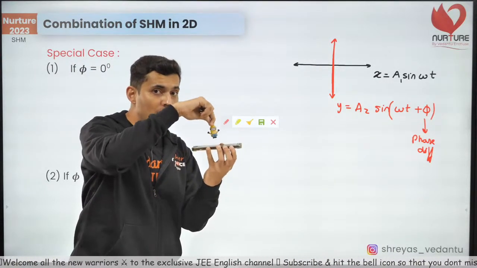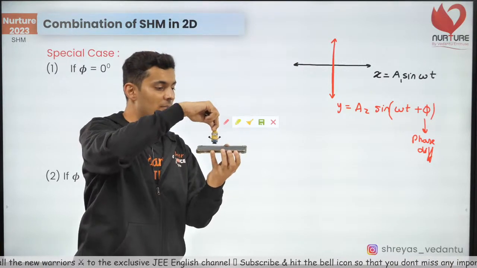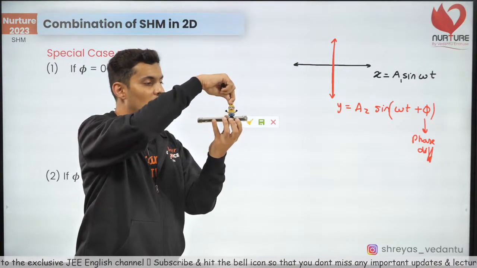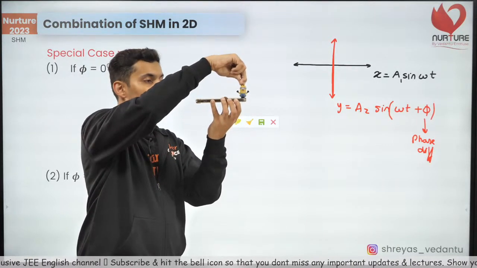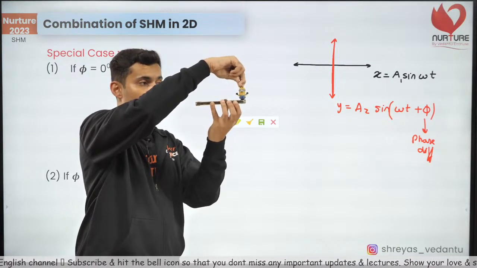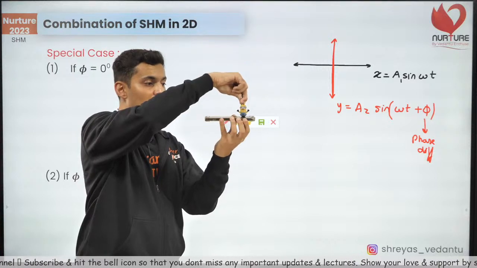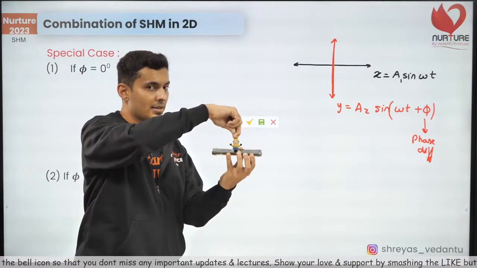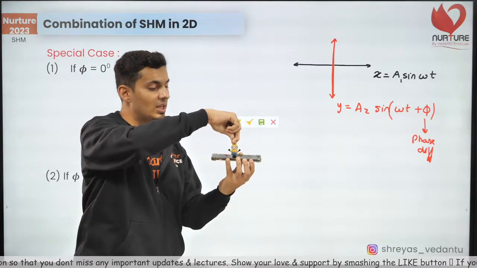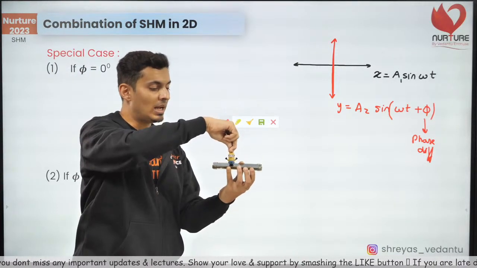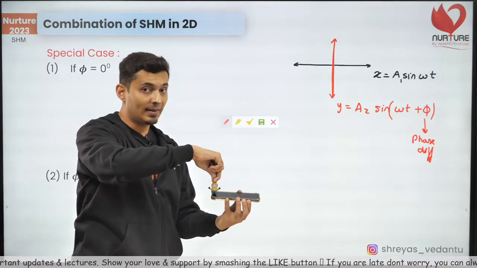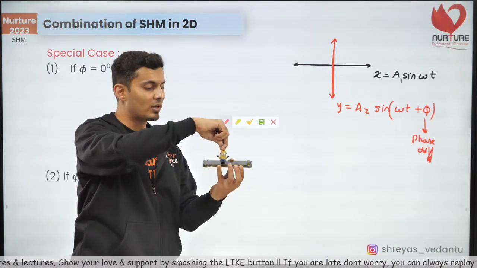If both happen together, platform goes up, pandu goes to the right, extreme position reached, platform comes back to mean, pandu also comes back to the mean, and then both are at the mean, they will continue their journey towards the left and bottom. Platform goes down, pandu goes to the left, left extreme reached, pandu comes back to mean, platform comes back to mean.